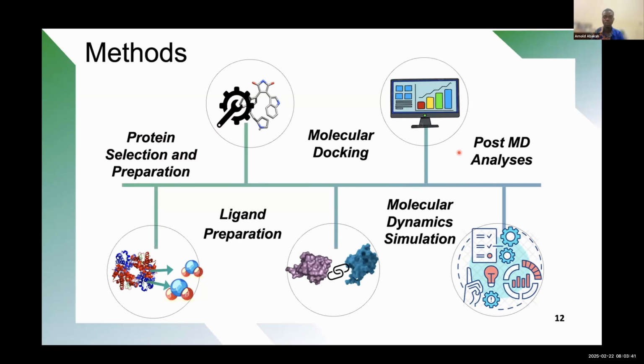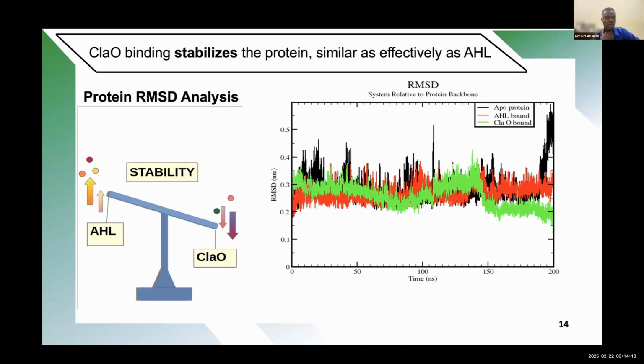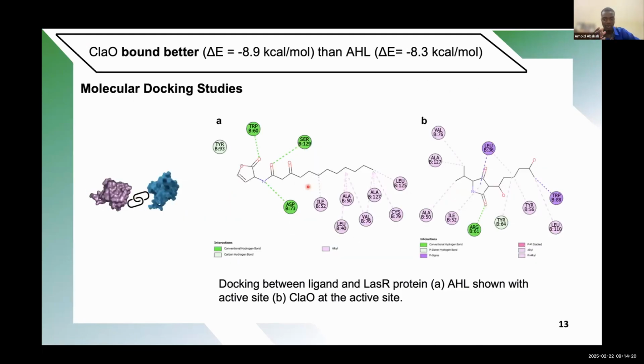We went ahead to do molecular dynamics simulation over a 200 nanosecond timescale, and then we did some post-molecular dynamics simulation analysis. We sought to see what was going on with the interaction between CLA-O, which is our marine fungus-derived secondary metabolite, that is our potential drug in this study. The docking results showed several interactions with the active site residues.